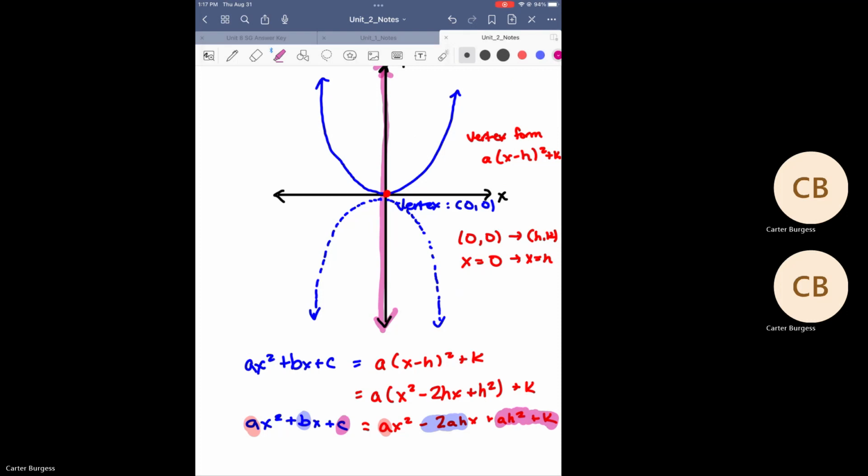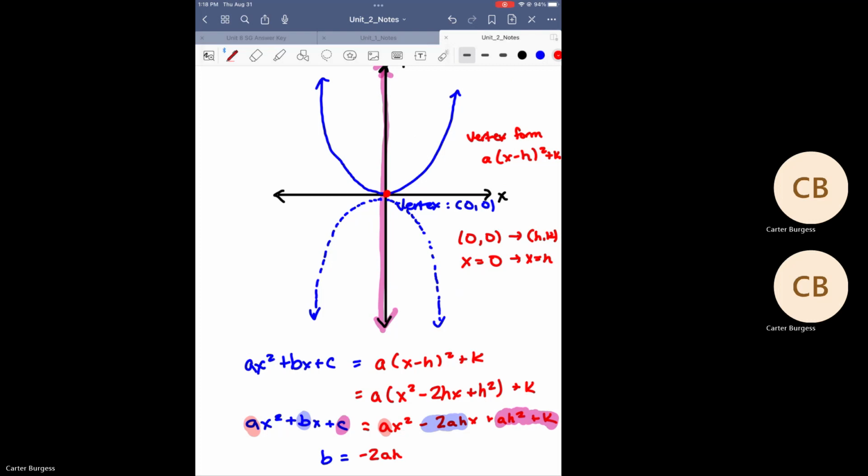Okay. Why are we making these connections? Well, it is actually very specifically for one equation. And that equation is that b should be equal to negative 2 times ah. Why is this equation so useful?